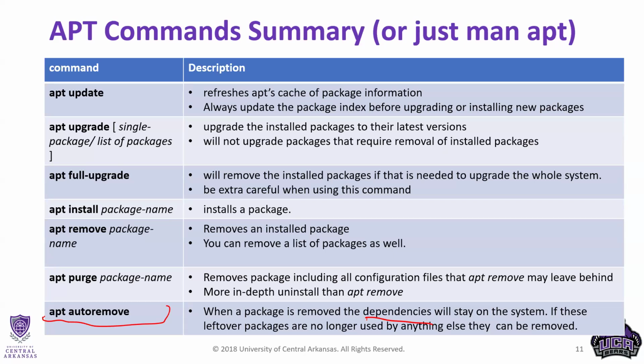So if you uninstall a piece of software and Linux realizes that there's no other major piece of software that runs those dependencies, then it will let you know when you are done, and it will tell you to actually run apt autoremove at the end of it, because these dependencies are no longer used. You can free up some disk space. So you just run apt autoremove with no arguments, and it cleans up your system of all of those software packages that are no longer needed.